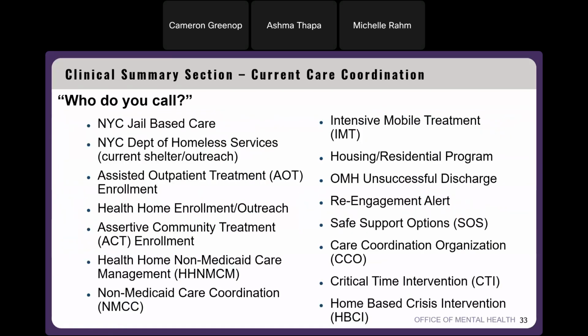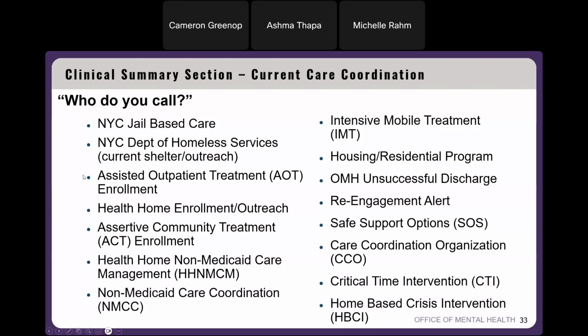So once you scroll down a little bit, after the general section, you will come across the current care coordination section. This is what we call our who-do-you-call section, because it has contact information for a lot of the services that the client is enrolled in.